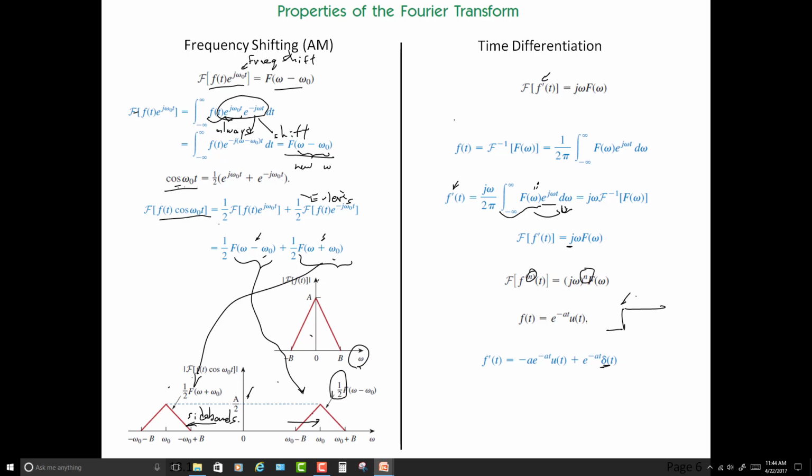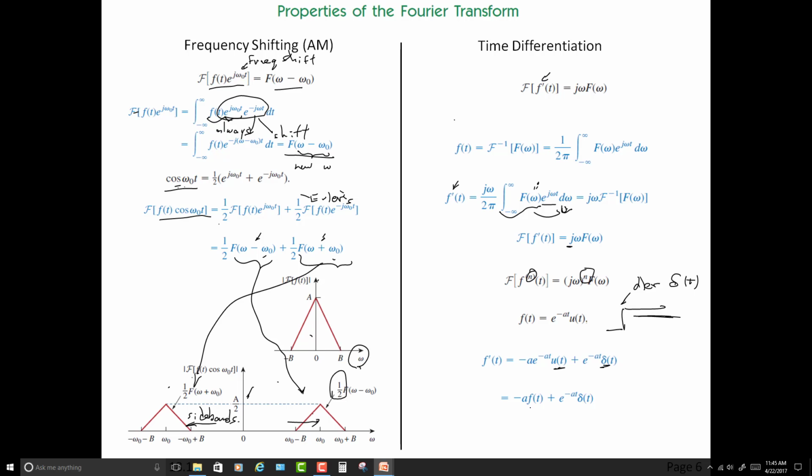The derivative of that sharp edge gives rise to the delta of t. So you know there's going to be that piece, and then there's going to be this constant portion in general anyway. So maybe a good visual way to imagine this is what the derivative of a unit step is going to be.